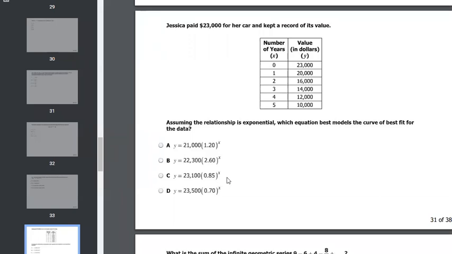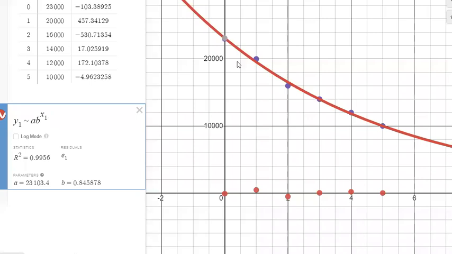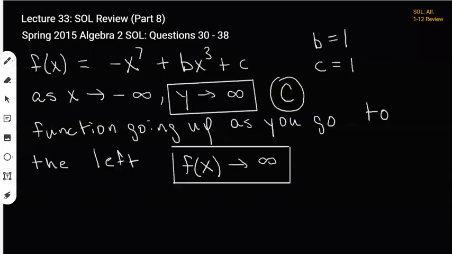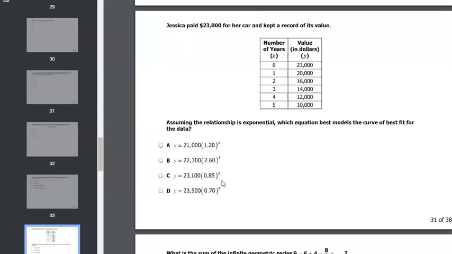So that looks like it's going to be C. And then B has to be 0.85. Yep, that's what I get for B right here, if I round up. So for 31, I'm going to choose C.